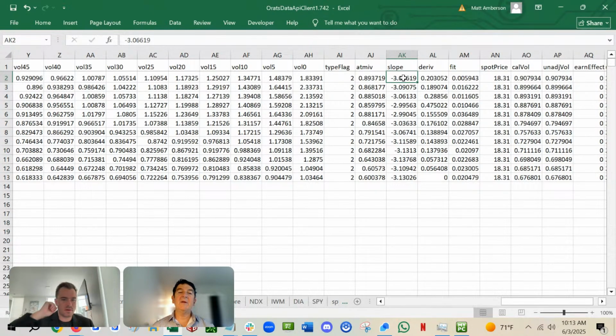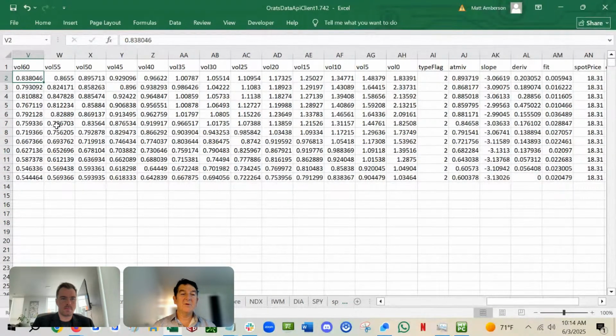It basically answers the question, for every 10 deltas, what percentage difference is the lower strike than the upper strike? So in this case, it would be 3% less. And you can kind of see that potentially here.